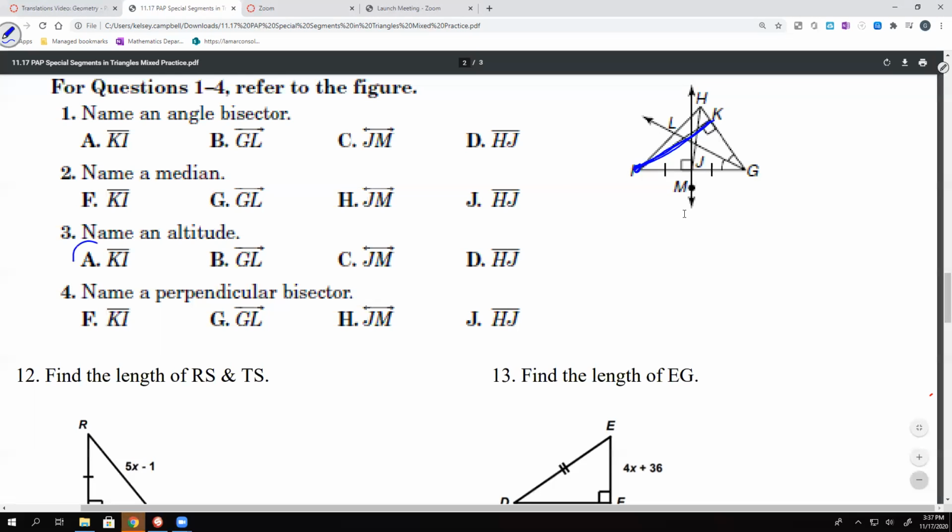So KI, that's the altitude. And then now a perpendicular bisector, guys. JM. Careful, see, that's where those 2 lines are going to get you. JM is this line right here.